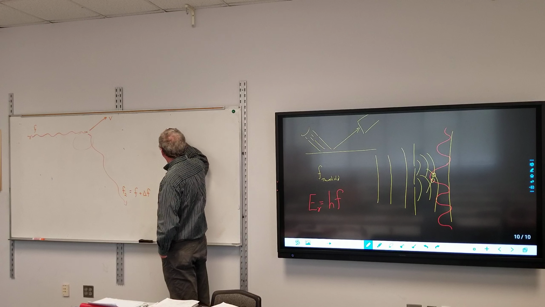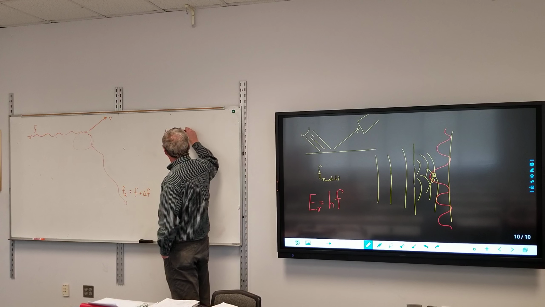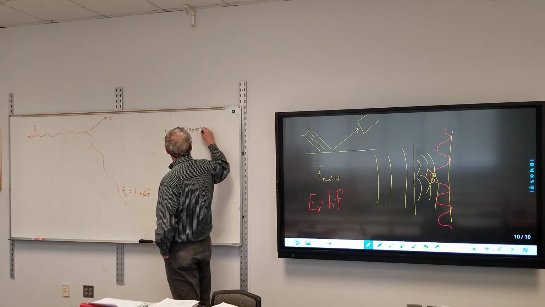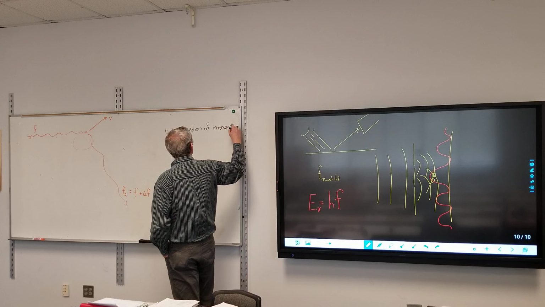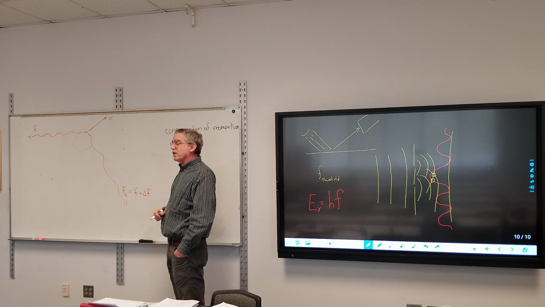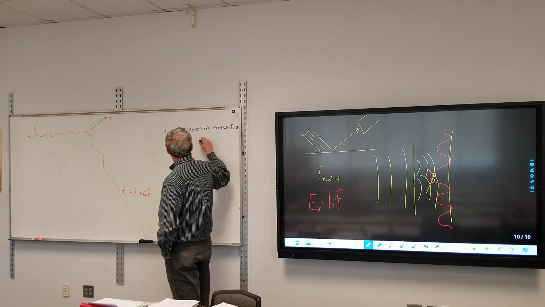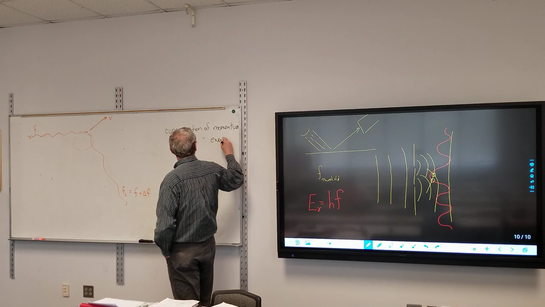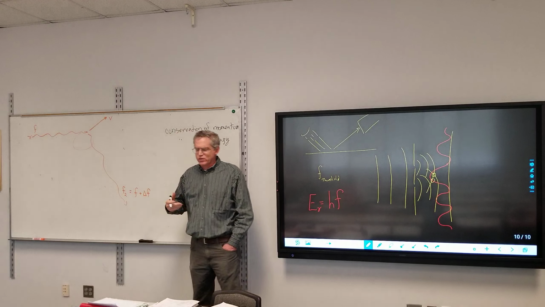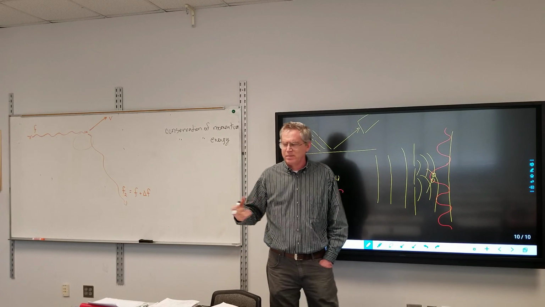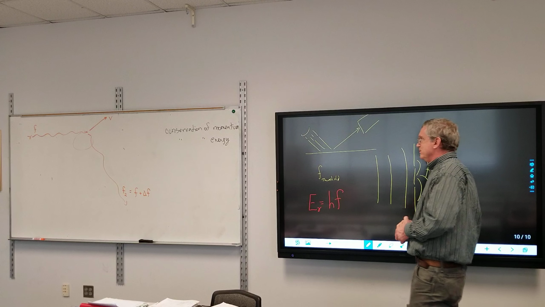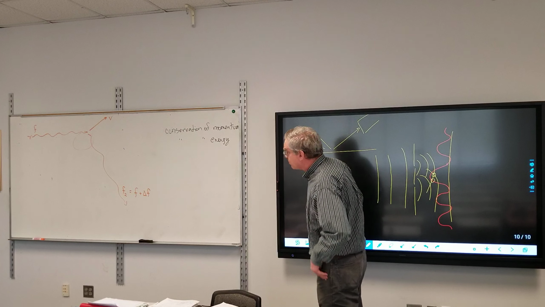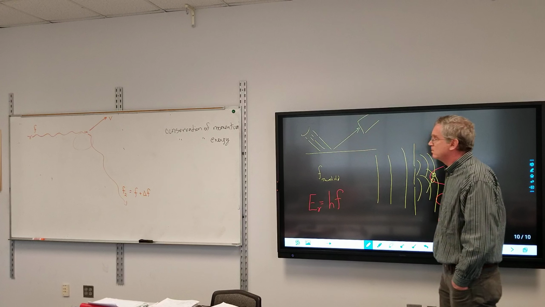So conservation of momentum. And we will also have conservation of energy. At this level, there's no friction, there's no air resistance. I mean, none of that stuff is existing. There's nothing that's going to dissipate the energy or the momentum.